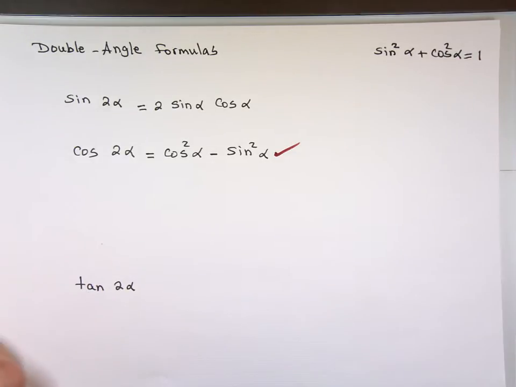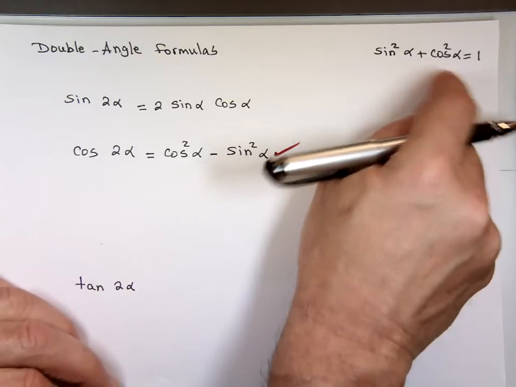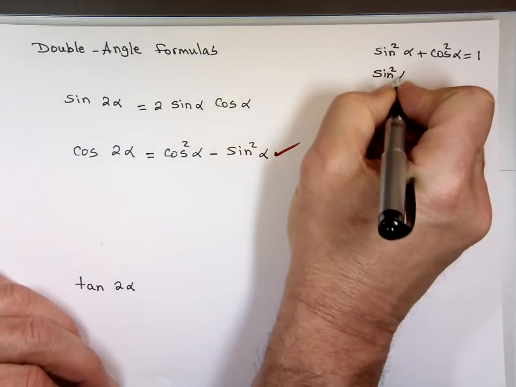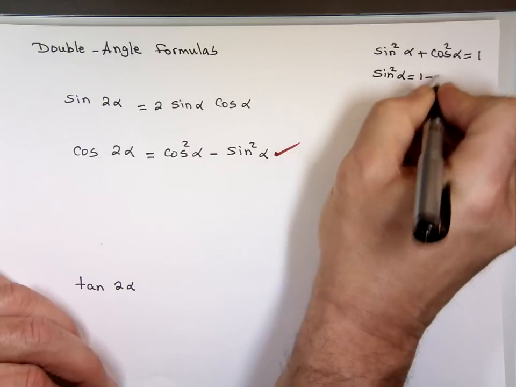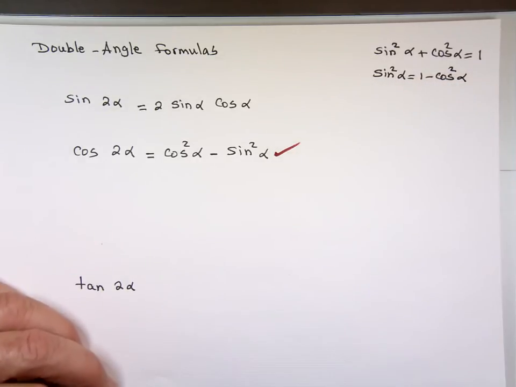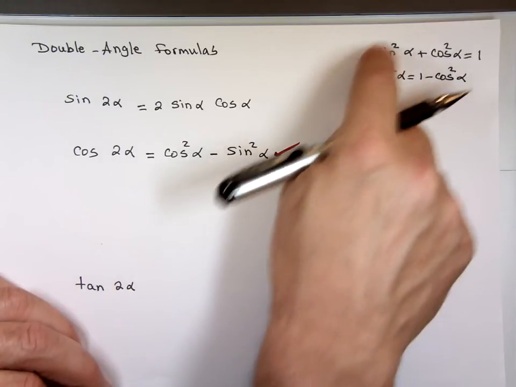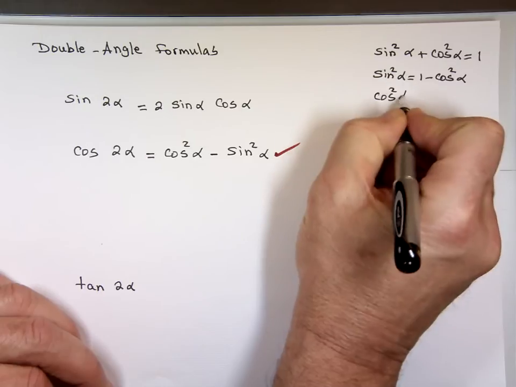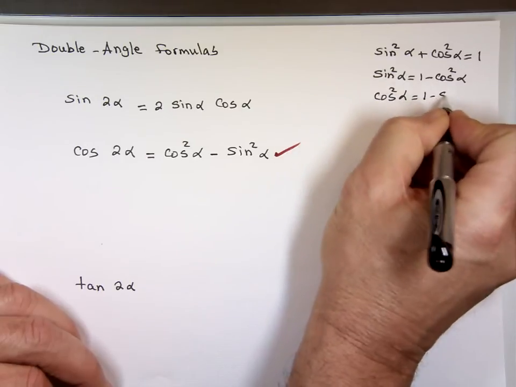Isn't that a 1? So if I move the cosine squared to that side, you'll have sine squared alpha equals 1 minus cosine squared alpha. Or if I move the sine squared to that side, you can have cosine squared alpha equals 1 minus sine squared alpha.